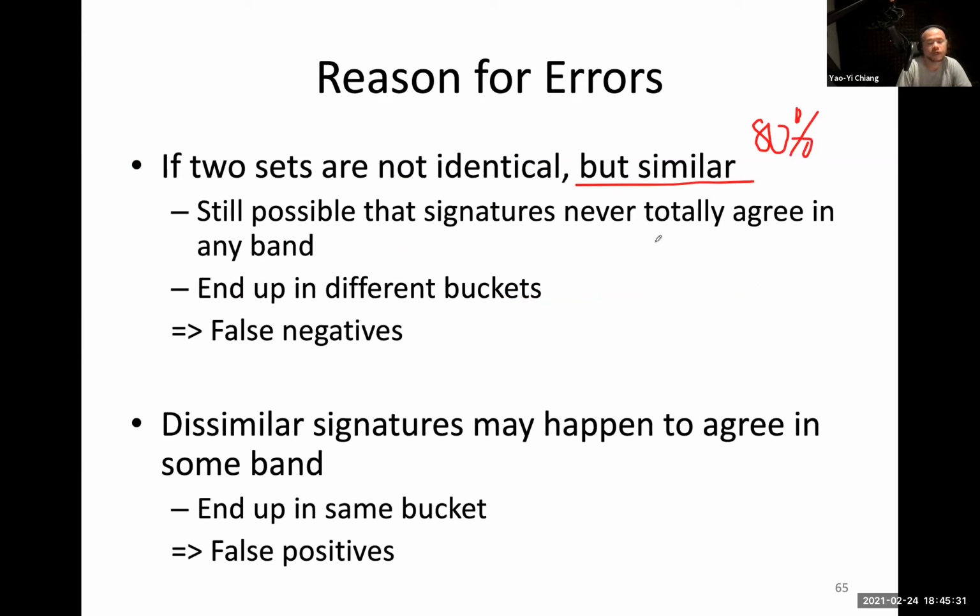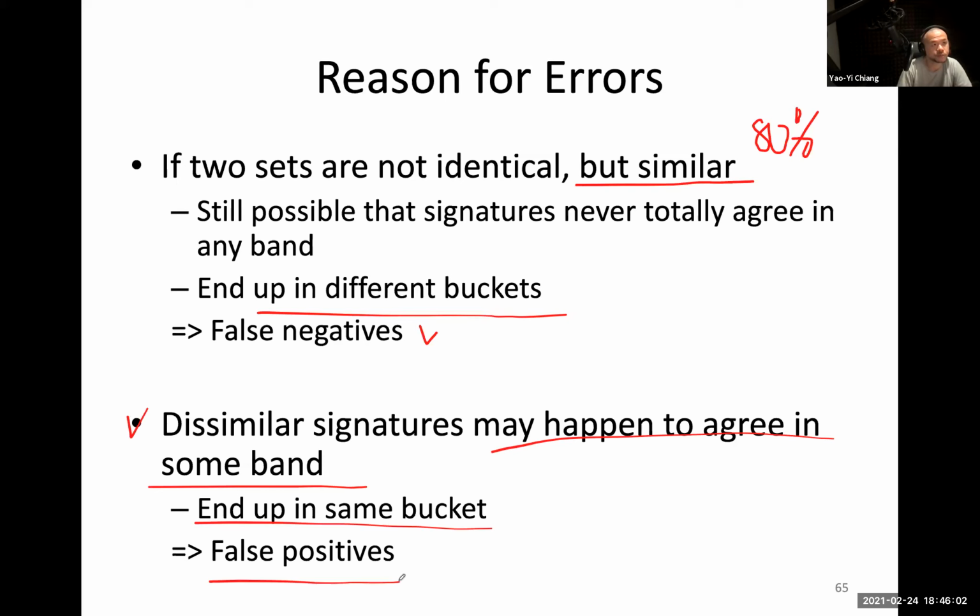So when we care about not just identical documents, all these similar documents are still possible to be hashed into different buckets because of the way we split the signatures into bands, and this can become your false negatives. Also, these similar signatures may happen to agree in some band, even one band, they will end up in the same buckets, and this becomes false positives.